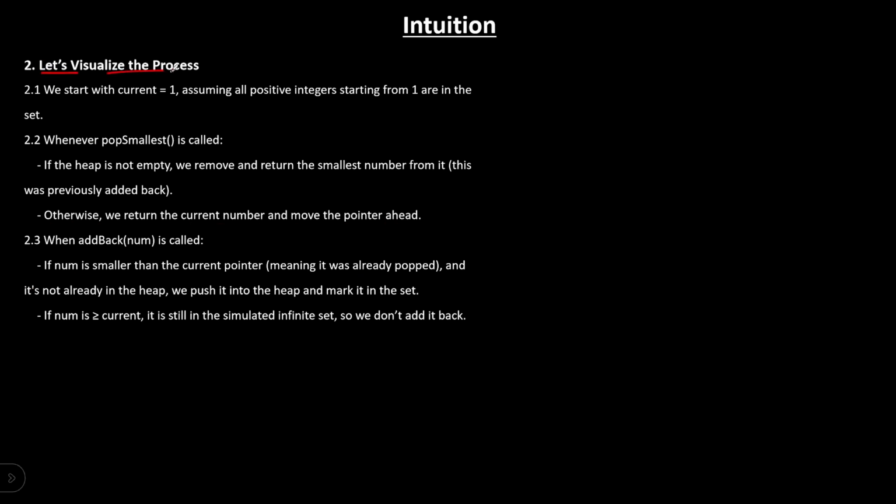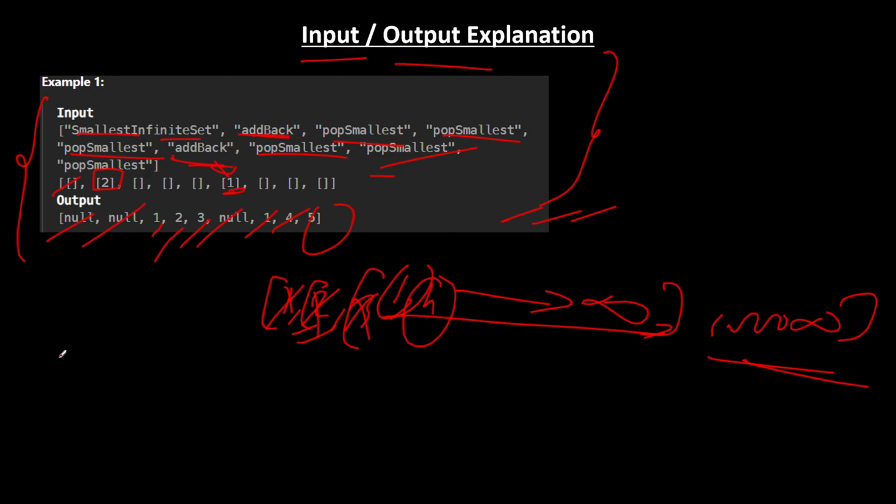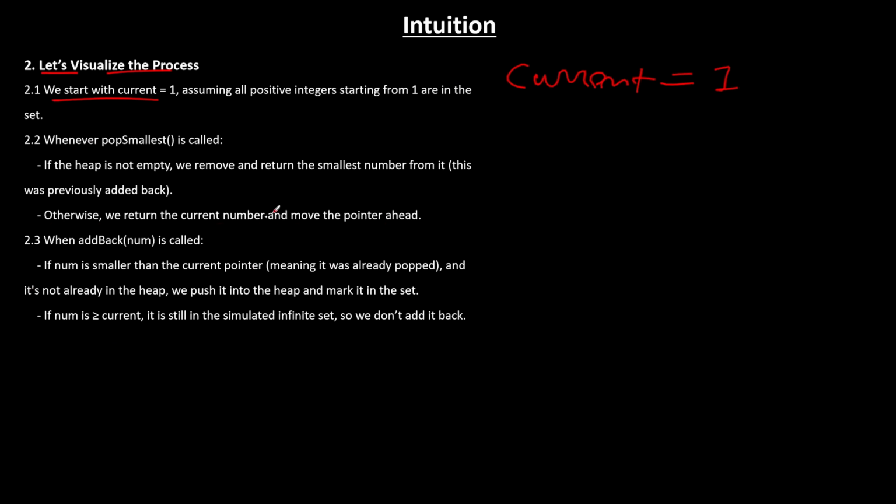Now, let's try to visualize the process. What we could do is start with the current, and this is a counter. We start with one because, if you remember, the numbers always start from one, right? Okay. So the first thing that comes to our mind is pop.